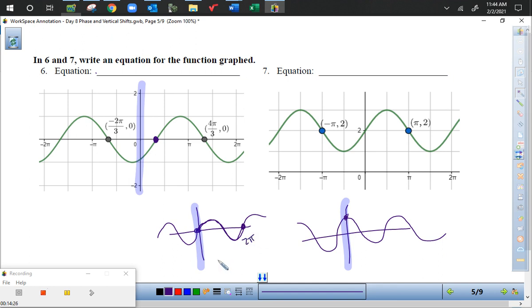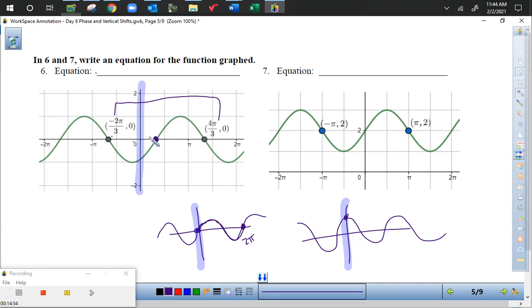Well, they gave us 2 points here, but neither of them were necessarily the point that we needed. They gave them to help us figure out the point that we need. There's 2 ways to think about this. One of them is recognizing that the period, or 1 full lap, happens between those 2 values. And for this graph, even though it's shifted over, it's still a distance of 2 pi.